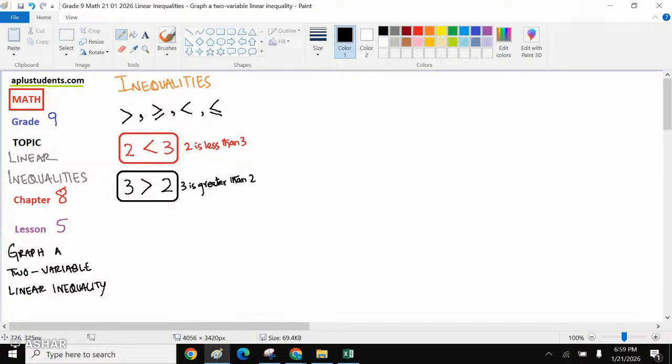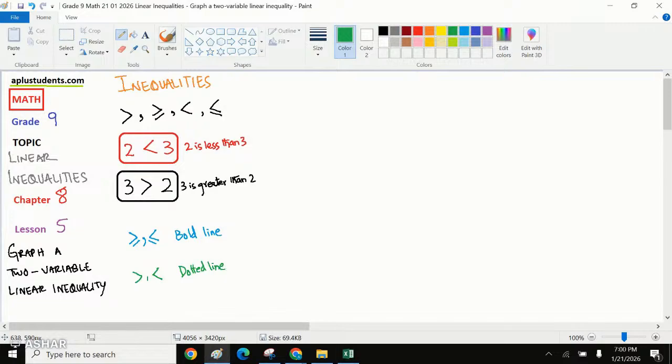Okay, and what we need to remember is, when we are doing graphs, whenever we have the sign greater than or equal or less than or equal, we make a bold line, right? And if we have a less than sign or a greater than sign, we draw it as a dotted line.